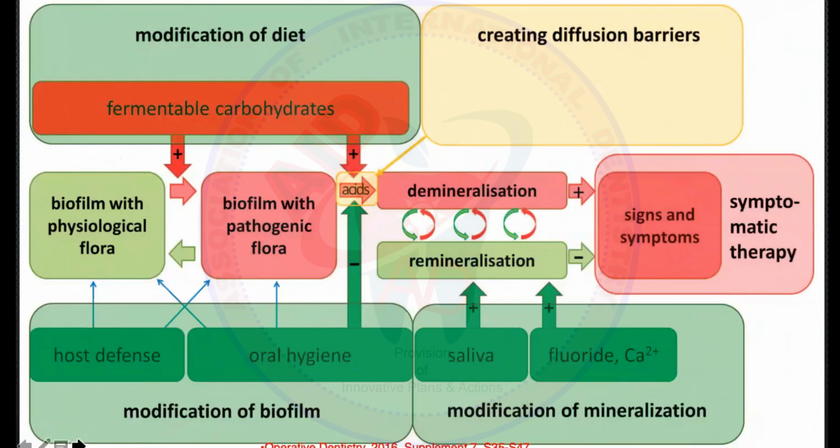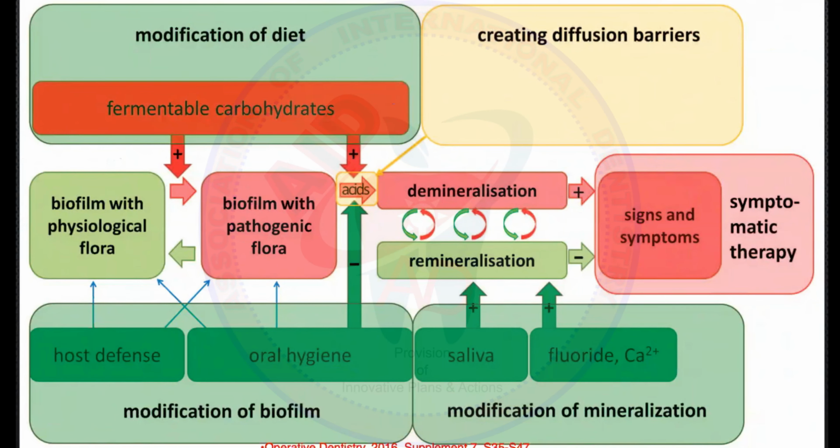Now, this is a beautiful diagram which was in the Operative Dentistry journal in 2016. We can see the biofilm could have a physiological flora. The biofilm can have a pathological flora. Now, which factors are responsible for this change? The major factor is the diet, the fermentable sugar.